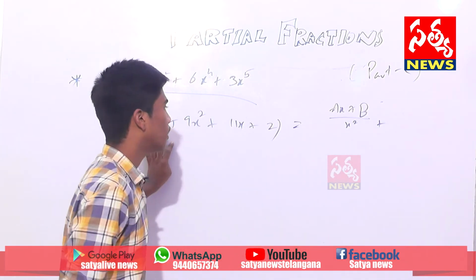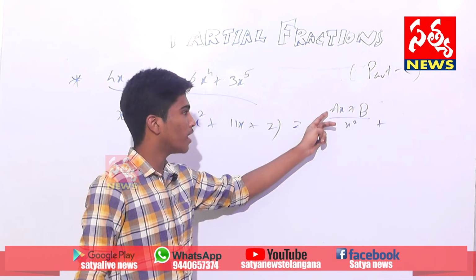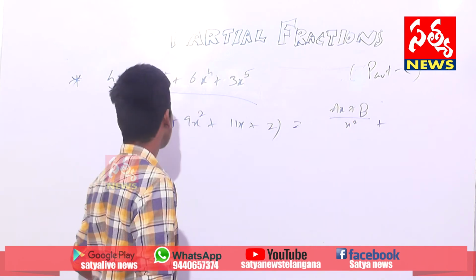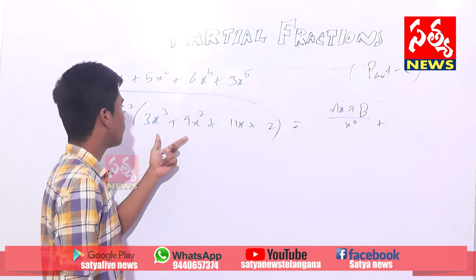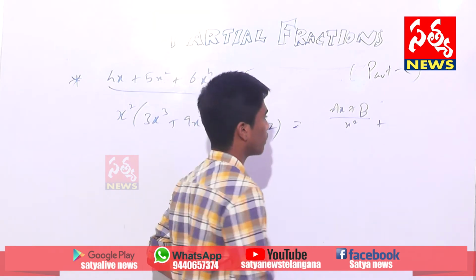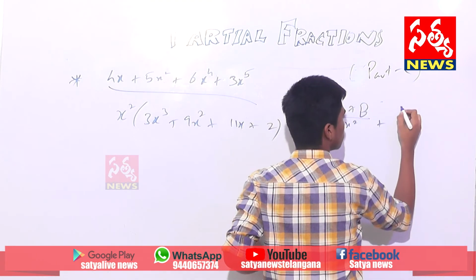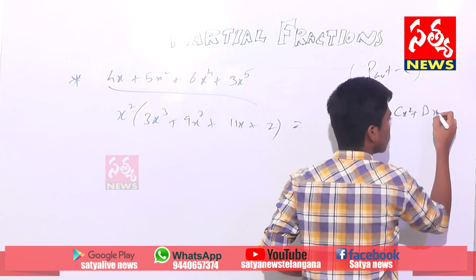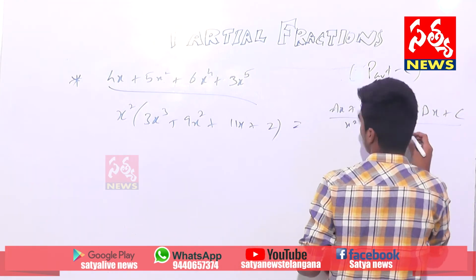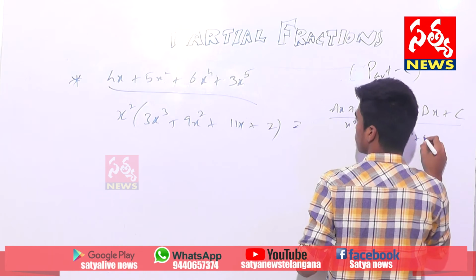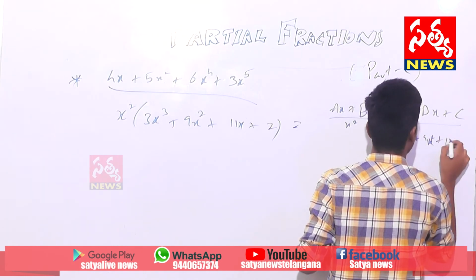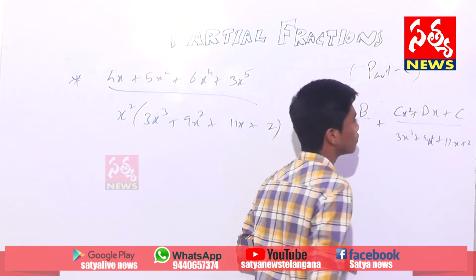Now if you have a quadratic, we are taking ax plus b. If we have a cube, what we should take? We should take cx square plus dx plus e by 3x cube plus 9x square plus 11x plus 2.